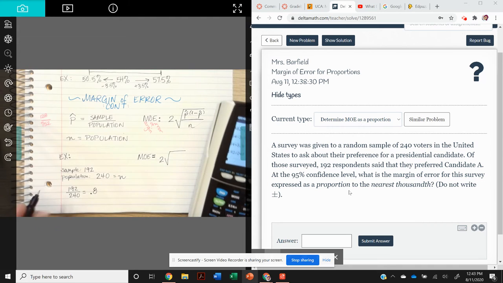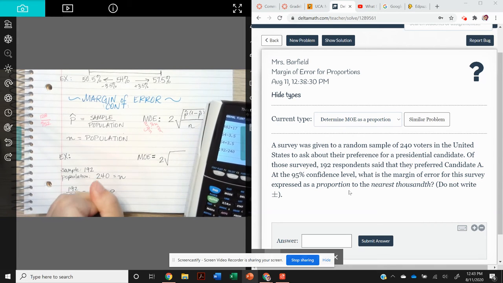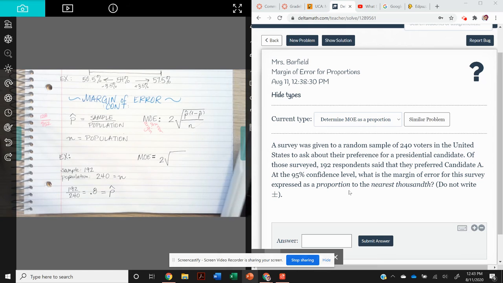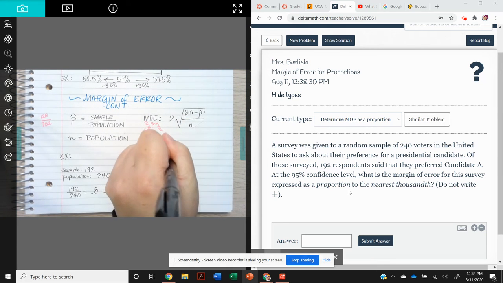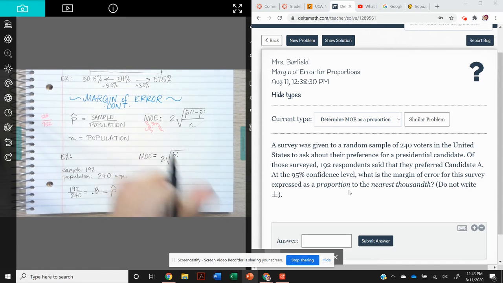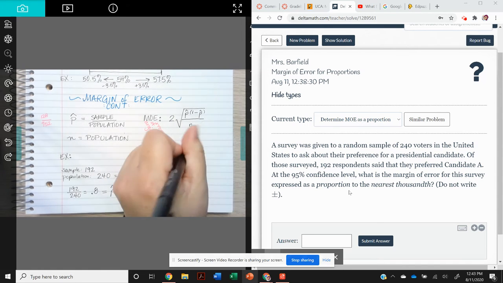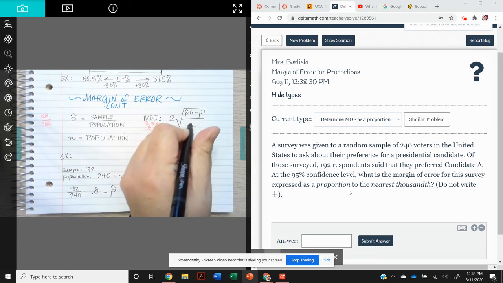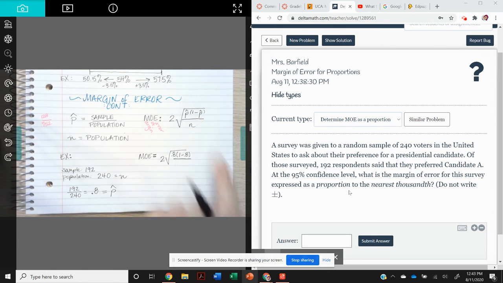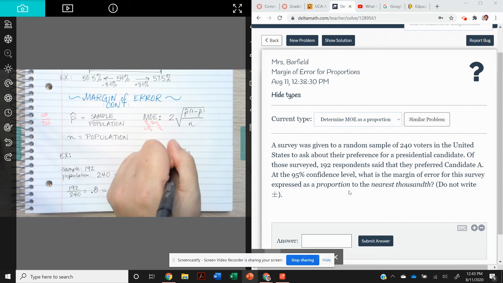So that is my P, that caret over it. So P is 0.8, parentheses, 1 minus 0.8, over N, we go back over here, N is 240.